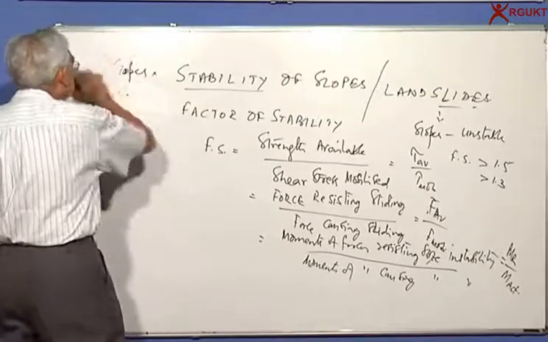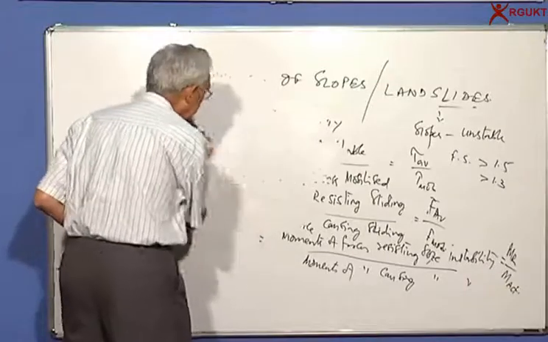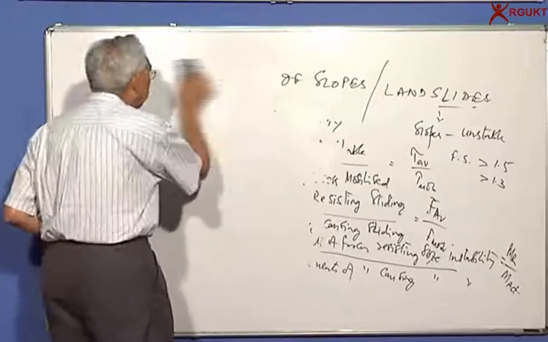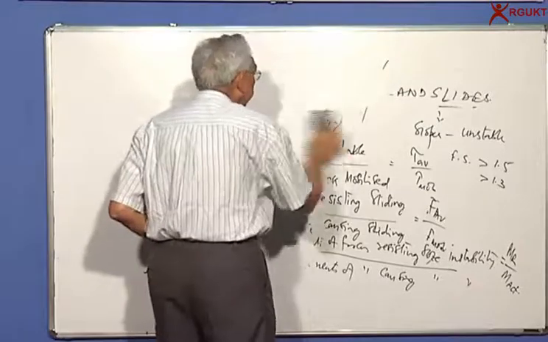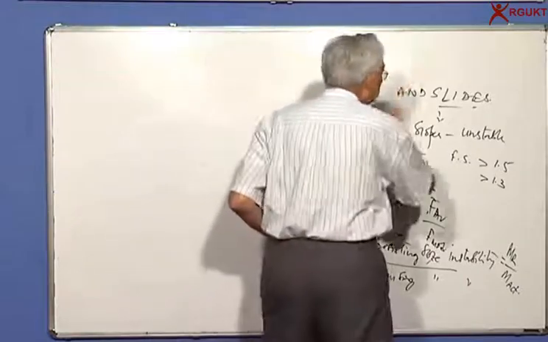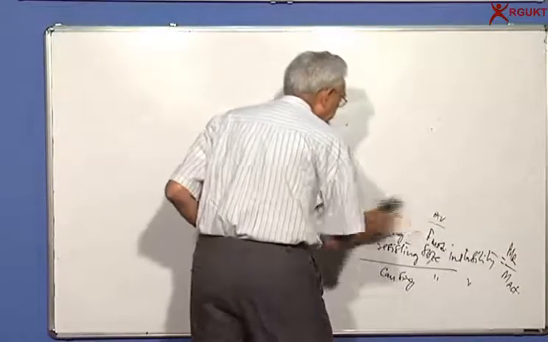And the way we do this analysis is very simple statics. Like we discussed in the last class, looking at a block, we find out the ratio of force mobilized to force causing sliding of a box or a block on a flat table.